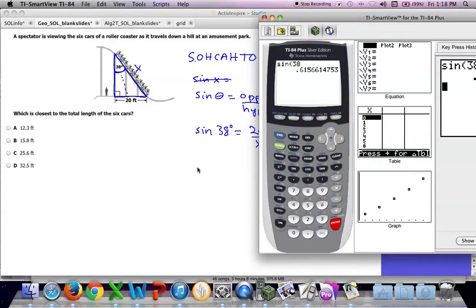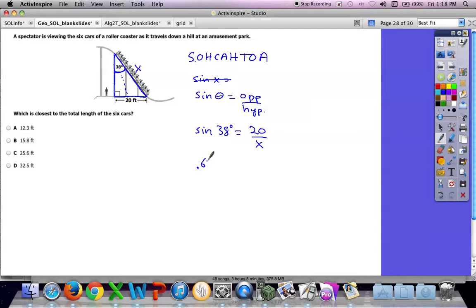So now I've got 0.6157 equals 20 over x. Now put this over 1, and now that you have a fraction on one side and a fraction on the other, cross multiply. When I do that, I get 0.6157x equals 20.